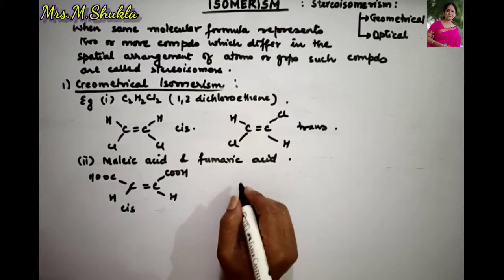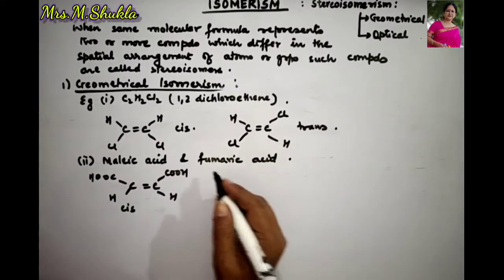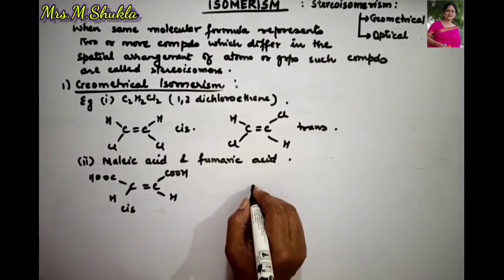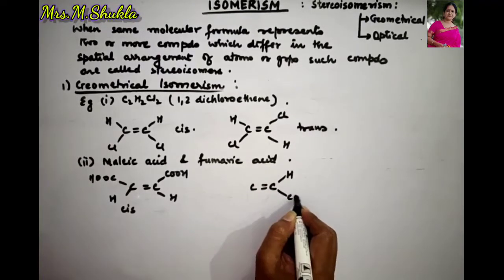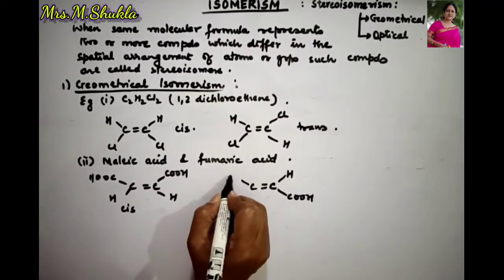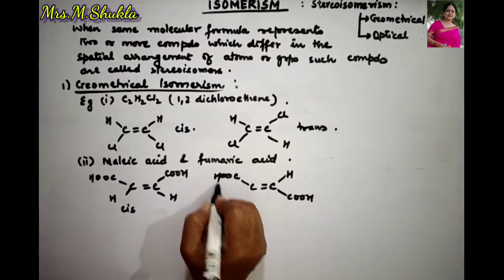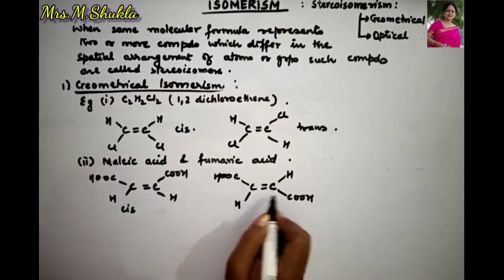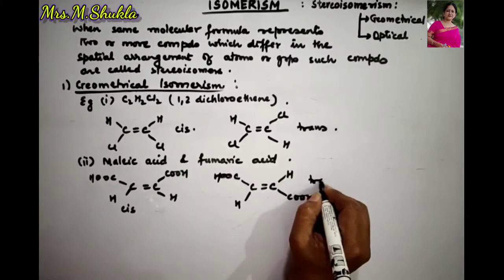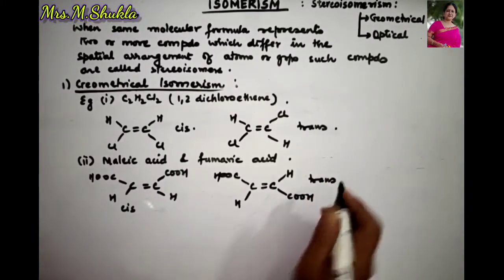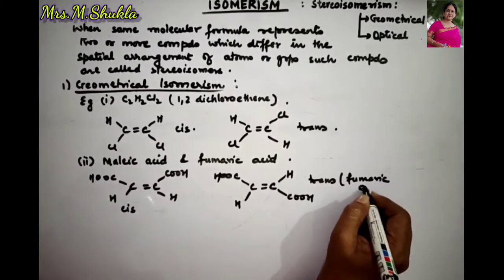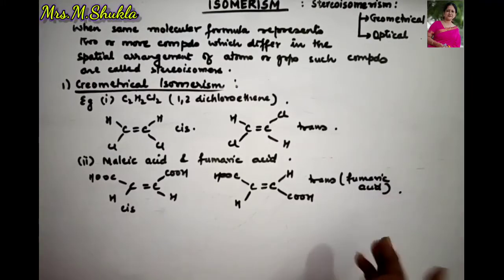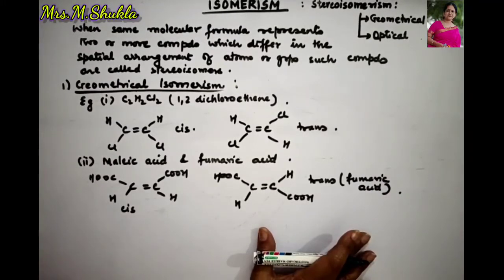Now let me form the trans, and the name changes to fumaric acid. So carbon-carbon double bond, here it is H, then here COOH, here COOH, then here H. So what is this? This is your trans isomer, which is called fumaric acid. I hope it is very clear to you.